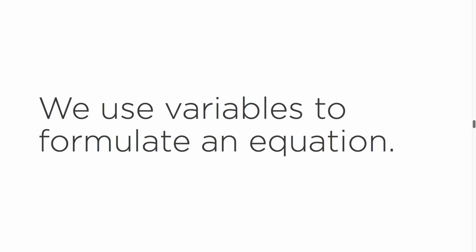So we use variables to formulate an equation. This is where the equation is coming from. Remember, we said in order for you to be able to remember some of these equations, at least you need to understand where the equations are coming from. Equations are coming from natural phenomena which are happening, which we are observing. So in a question, you are given a scenario. Most of the time, you are told that a car is moving at a certain speed.